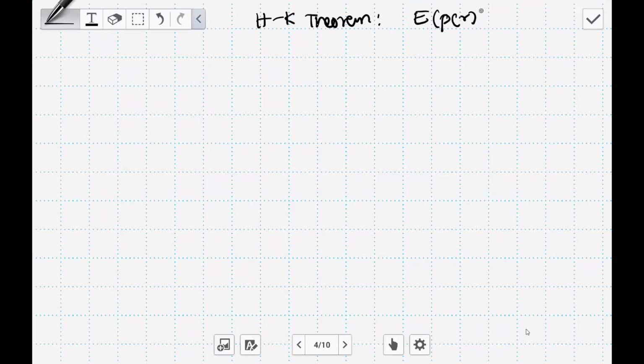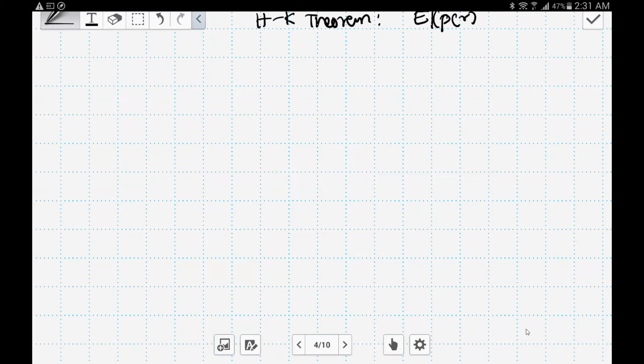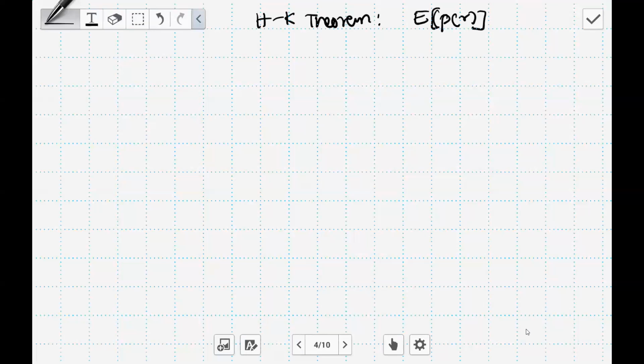Okay, so first Hohenberg, there is the HK theorem, which showed that energy is a unique functional, right, of electronic density, right? So they showed that.